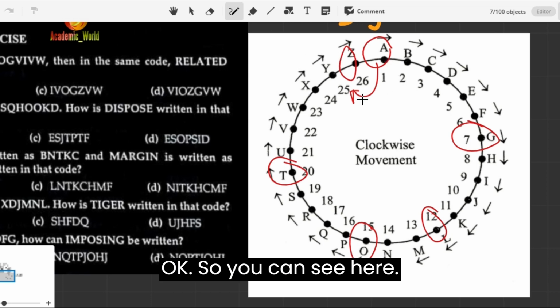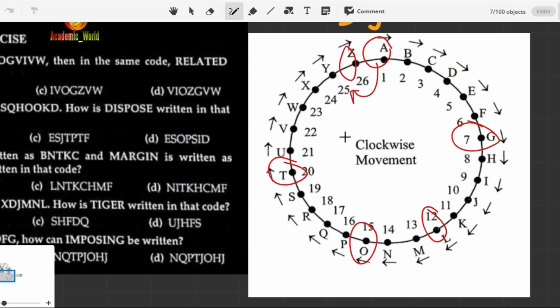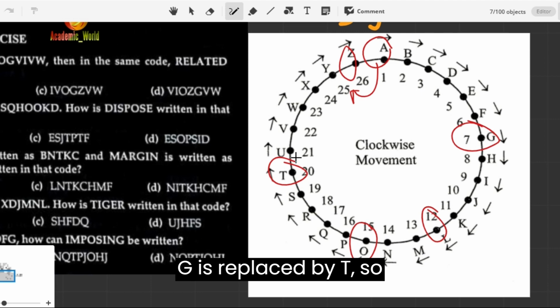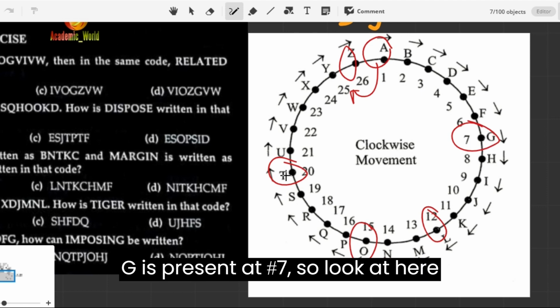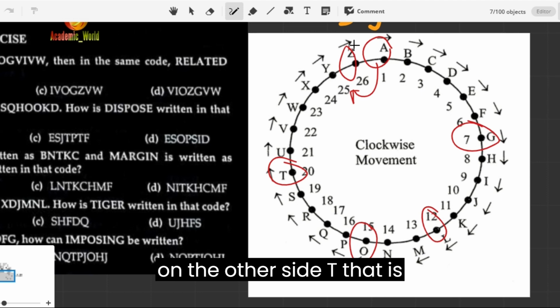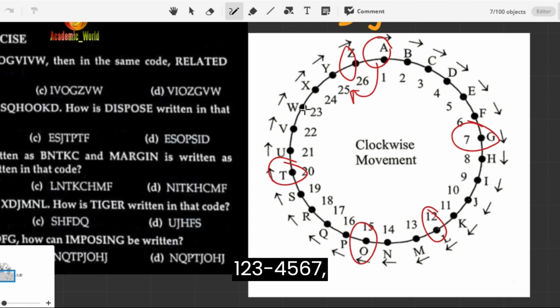G is replaced by T. G is at number 7, and on the other side T is also at position 7, so T is replaced by G.